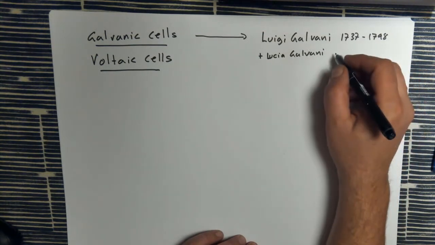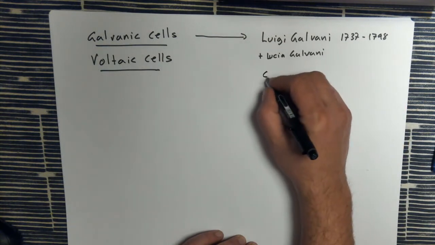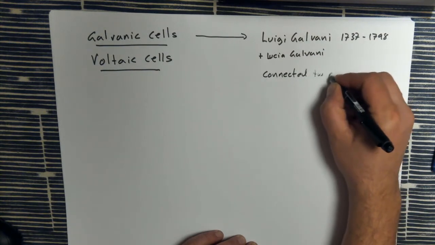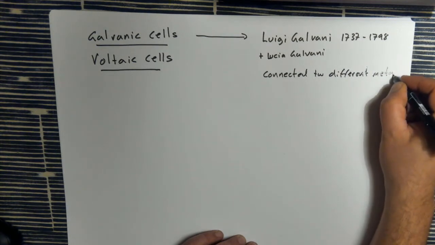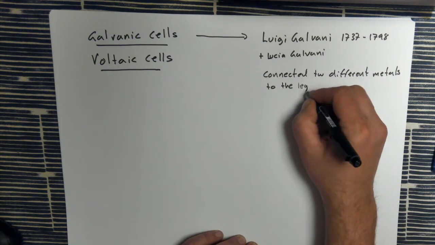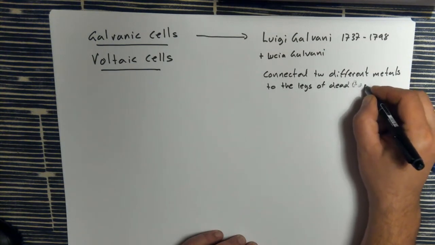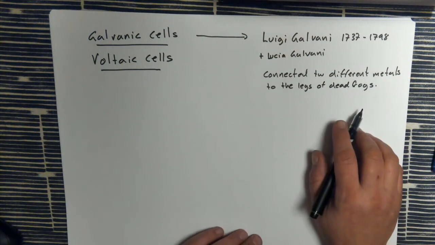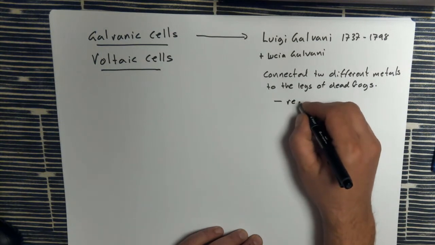But one of his most important discoveries was when he connected two different metals to the legs of dead frogs. And what happened is that he could basically reanimate them.